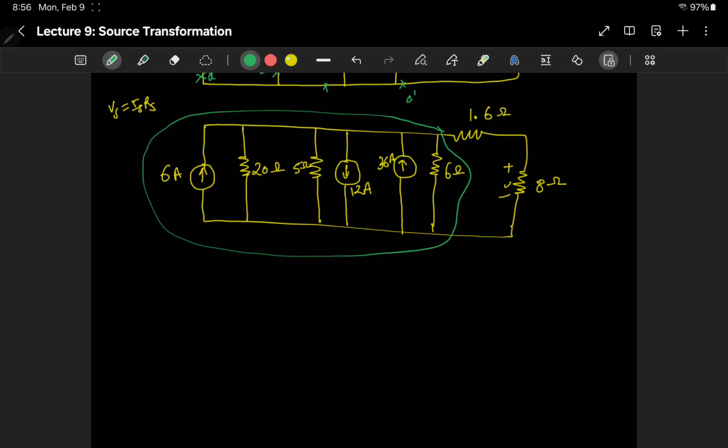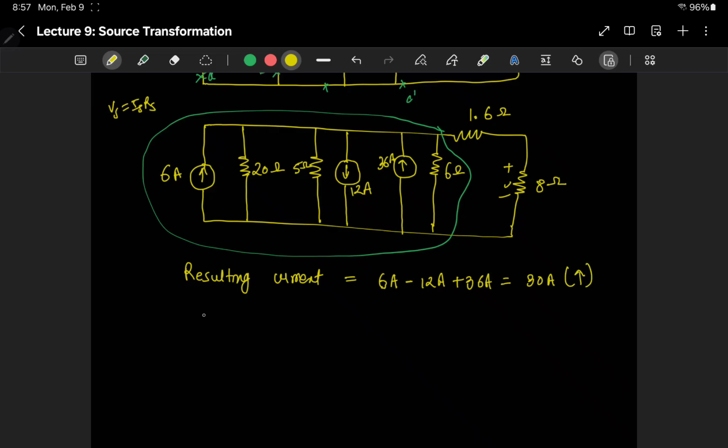That will reduce us to the resulting current, which is basically the sum of all. Let's assume the upward direction as positive, so 6 ampere, minus 12 ampere, since this one is negative, plus 36 ampere. That will give us 30 ampere, in the upward direction.